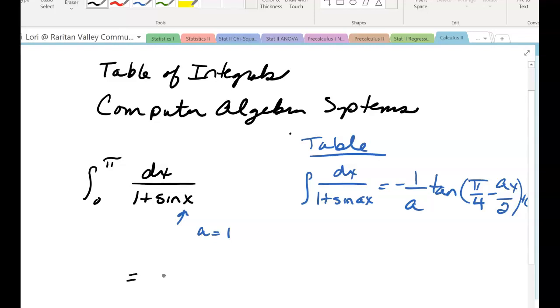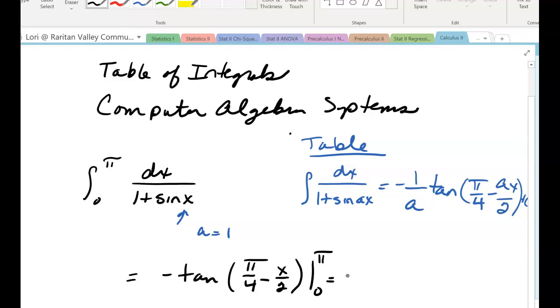it's going to equal negative tan, right? Because it's negative 1 over 1, which is just negative tan of pi over 4 minus ax, so just x, over 2, from 0 to pi.